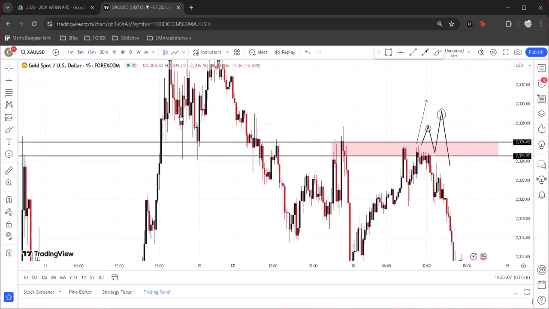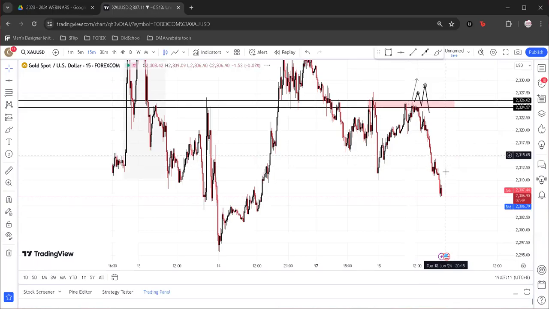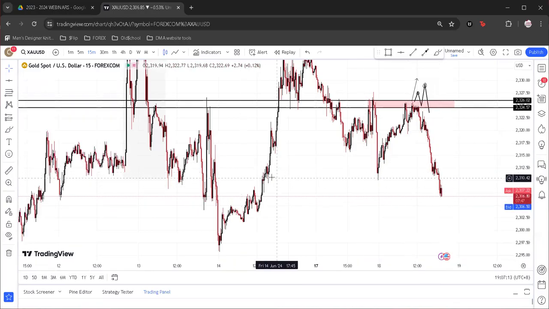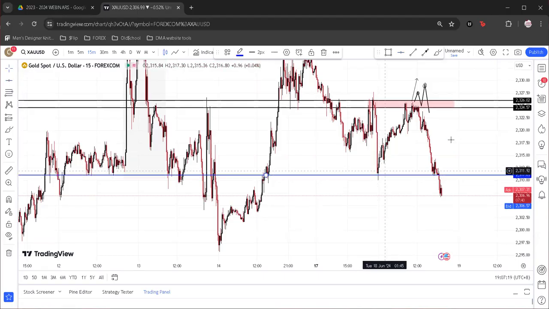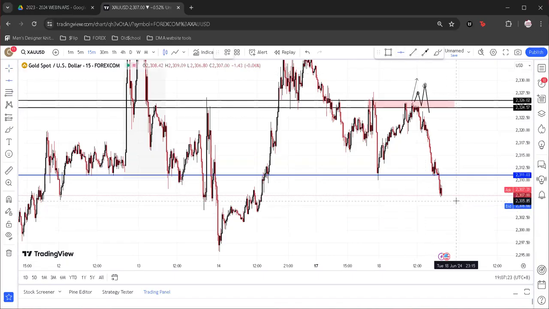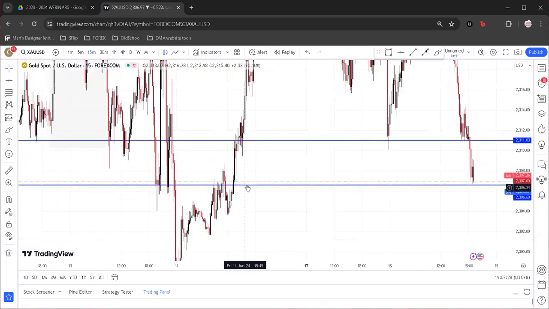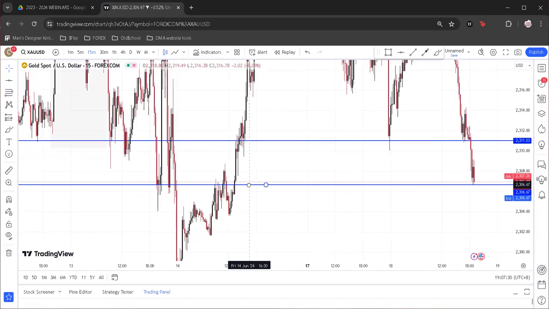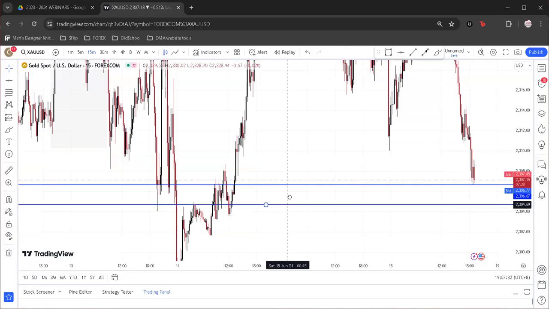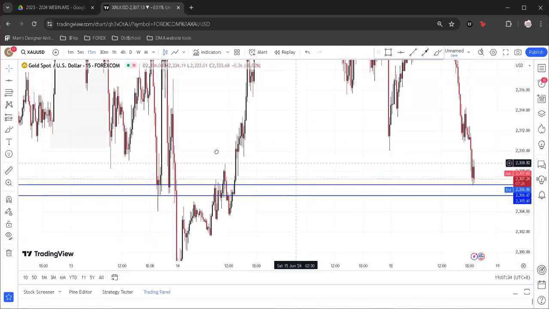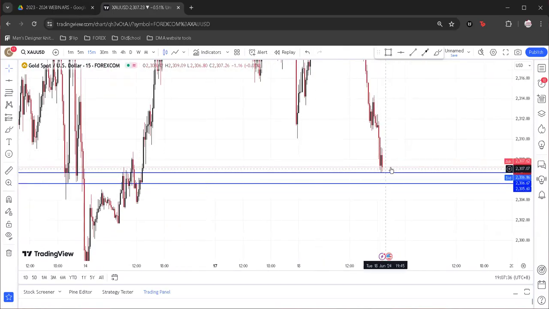So guys, I want to do my analysis for the current market. Let me just do it with you. See, prices are still falling down. Every single time it lands into a supporting line right here, it is not respecting the bullish market at all. This is the next checkpoint, guys. That's why it's rejecting.